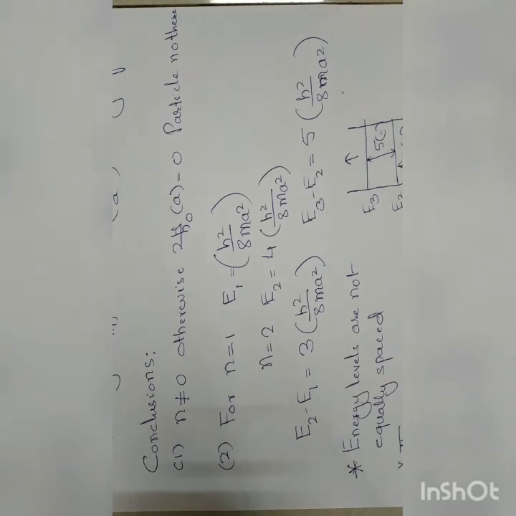As you calculate the first difference, between the second level and the first level, then the difference between the third level and the second level, similarly you can calculate the difference between the fourth level and the third level, and so on, because you have a series of energy levels.